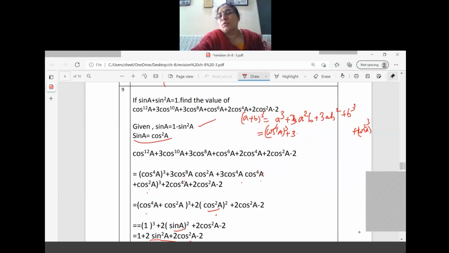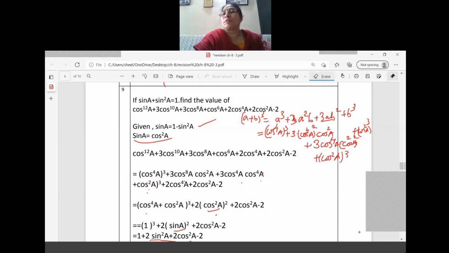So 3 into cos raised to 4a whole square. What is b? Cos square a. Now plus 3ab square. So 3 into cos raised to 4a into cos square a whole square plus cos square a whole cube.